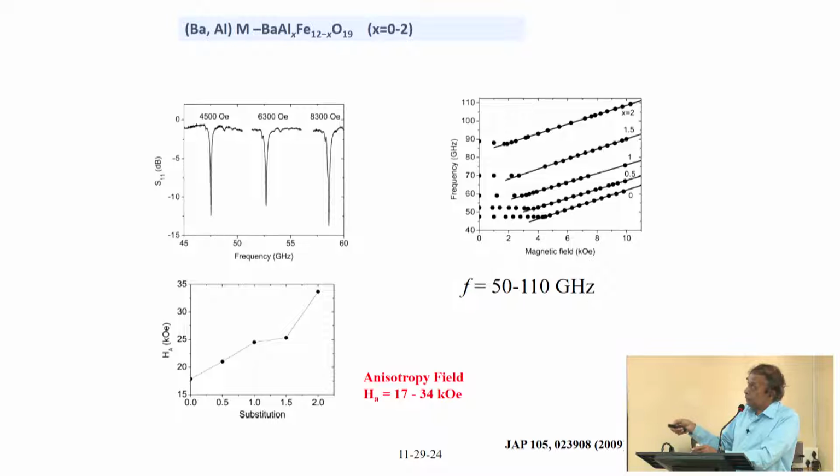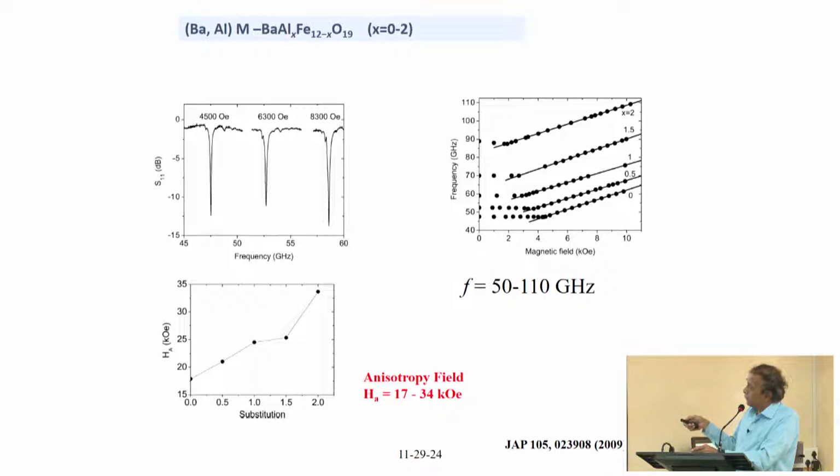And in this case, what is shown here is the ferromagnetic resonance profile for a series of bias magnetic field. As you see here, the frequency where the FMR comes in increases from 47 all the way up to 59 when you increase the bias field from 4 to 8 kilohertz.